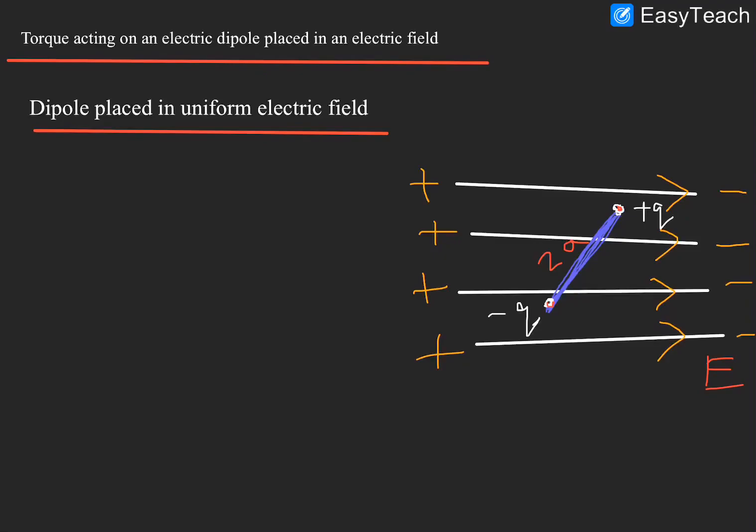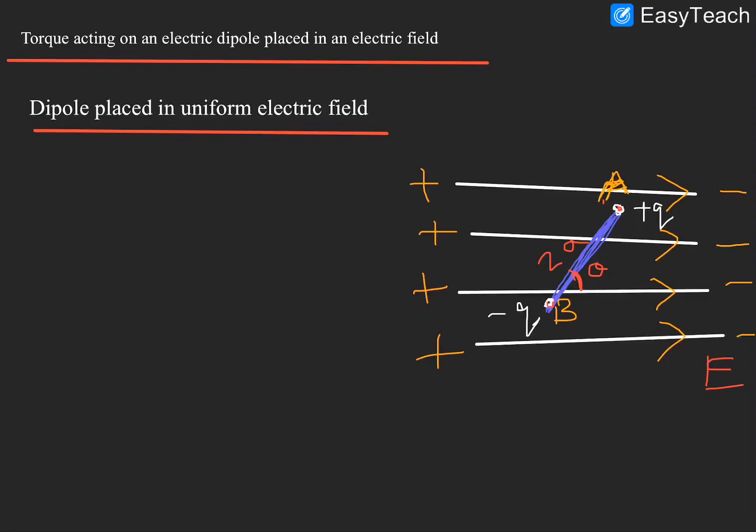Let us name this side of the dipole A and this side B. The angle made by the dipole with the electric field is theta.